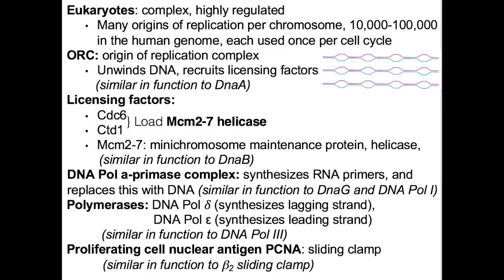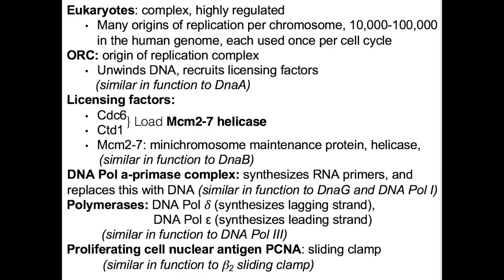Well, the ORC, the origin of replication complex, is a complex of 6 proteins that binds to the origin of replication in a similar function to DnaA, and using ATP hydrolysis unwinds the DNA and then recruits proteins called licensing factors. These are similar to DnaC and DnaB in a way.